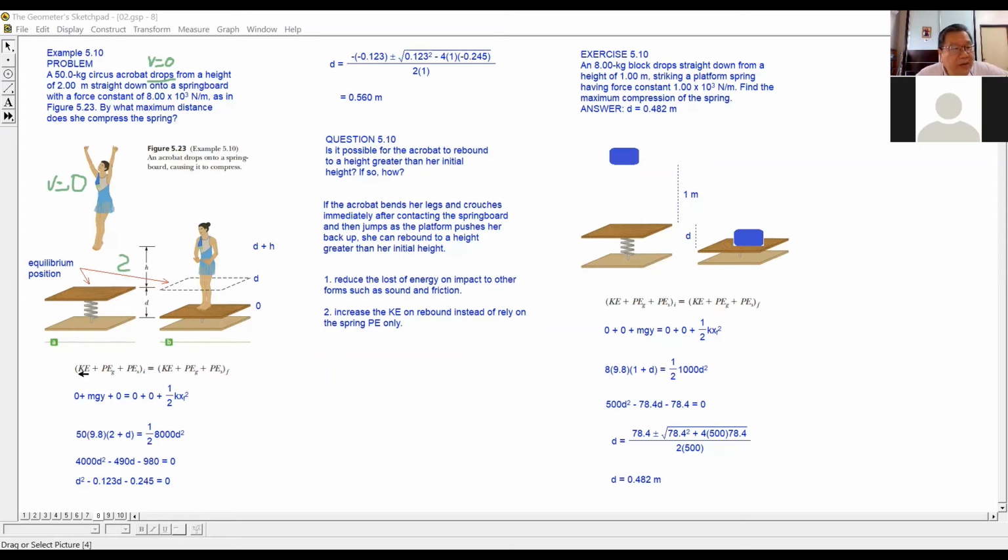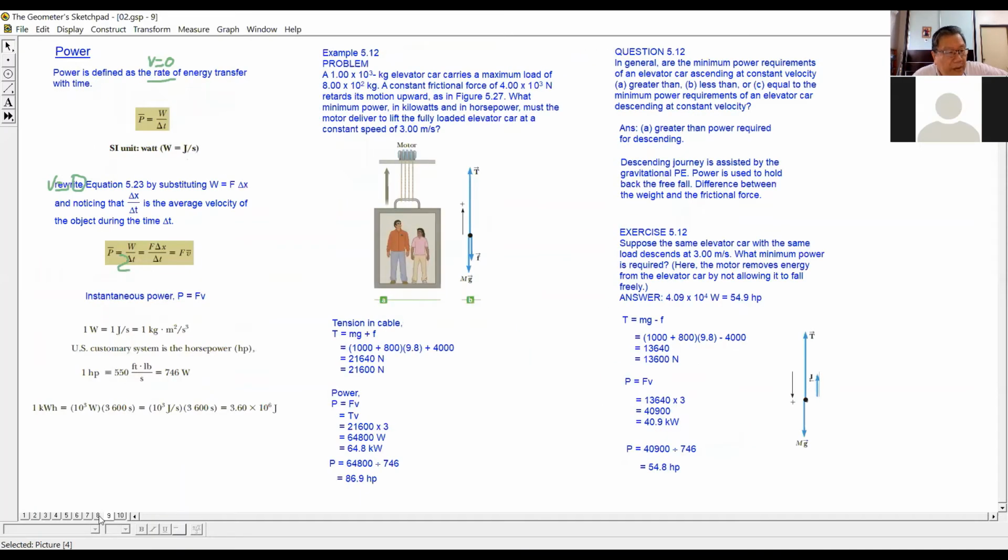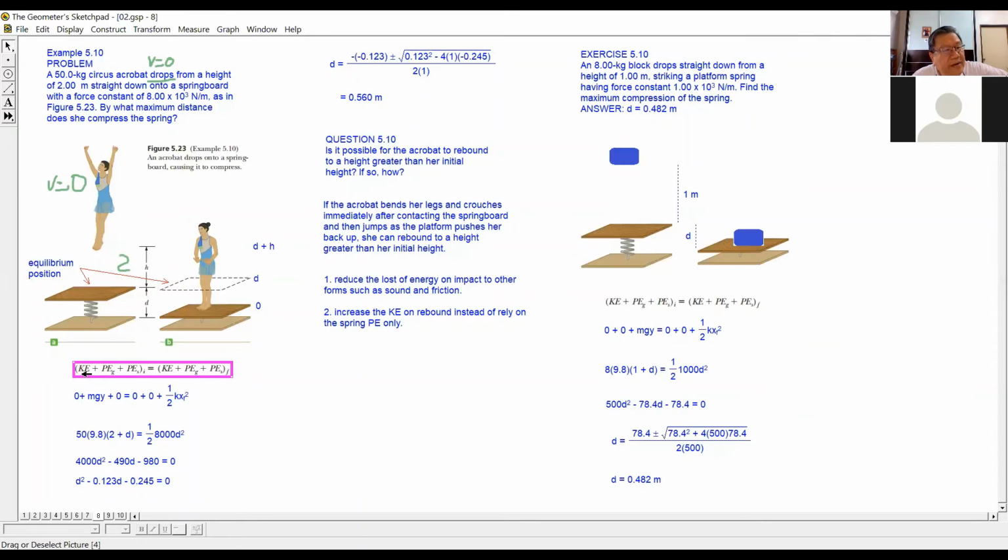Okay. So now we come to this energy equation. The energy equation is kinetic energy, gravitational potential energy, spring potential energy, the total at the initial position is equal to the final kinetic energy, gravitational potential energy, spring energy at the final position. Because now there is no air resistance and we consider it very small and negligible, right?